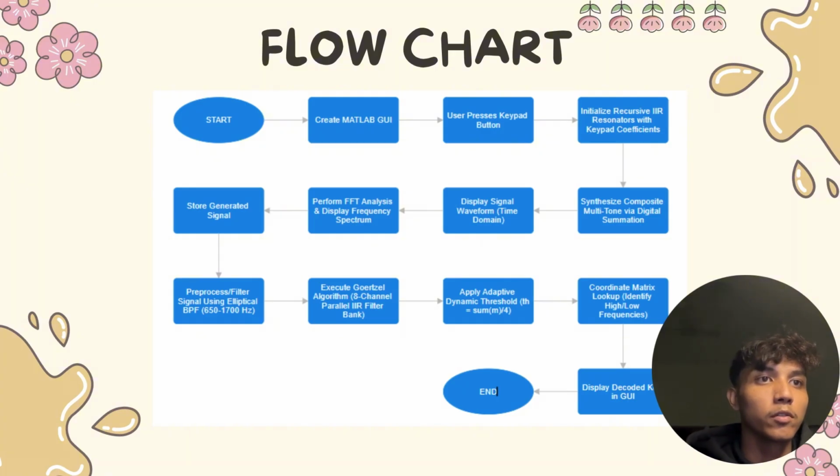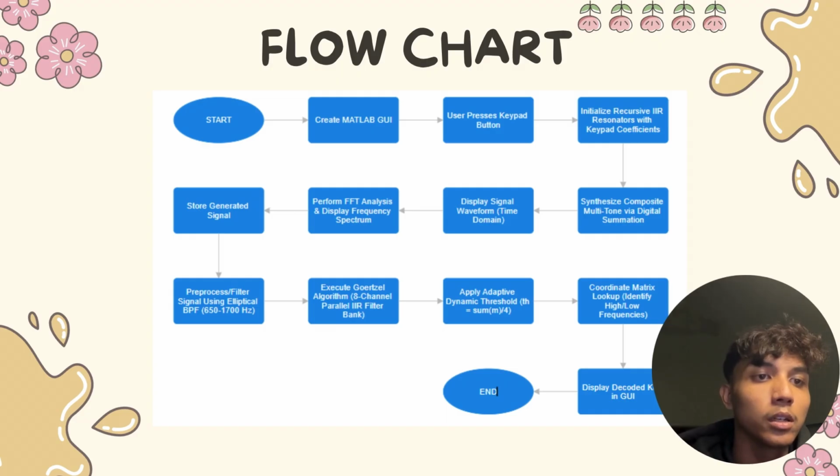So that is the sixth theory, the core of our system. So for the flowchart, this is our flowchart. The first one is recursive tone generation: keypad input loads target coefficients into a parallel second order recursive IIR resonator where an input trigger sums the low and high band sinusoids into a composite signal.